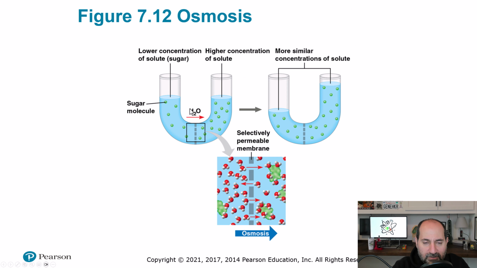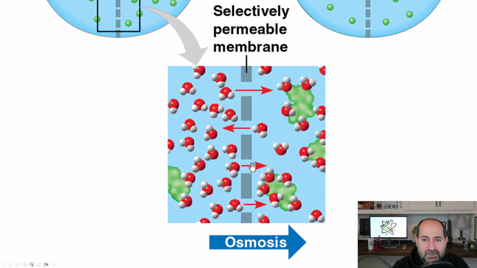Here, remember, this is an example of osmosis. Why? Because there is a selectively permeable membrane right here, but note that it does not allow the solute, which are these green molecules of sugar, to cross the membrane.